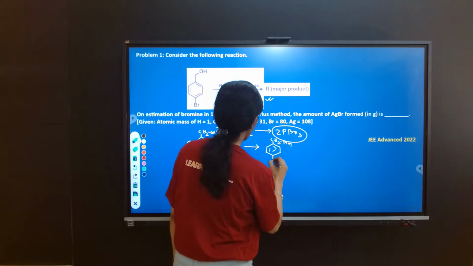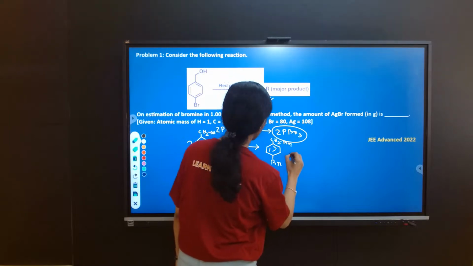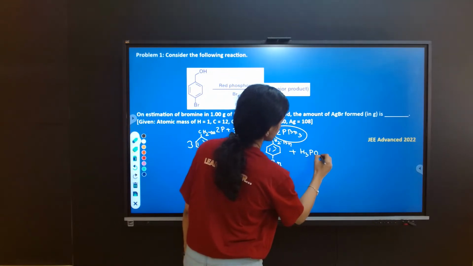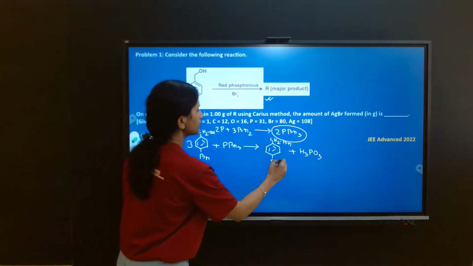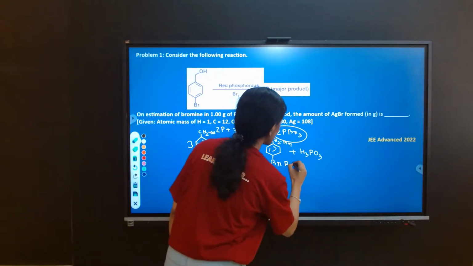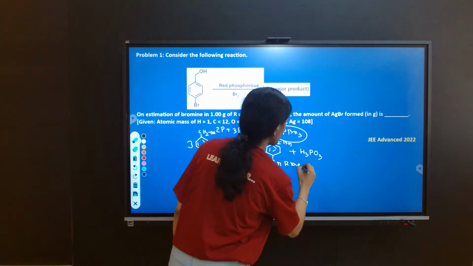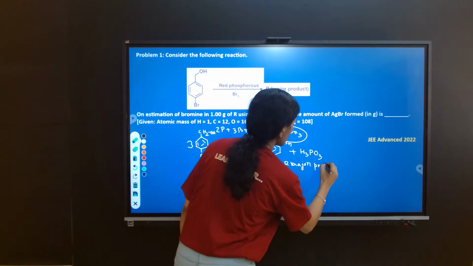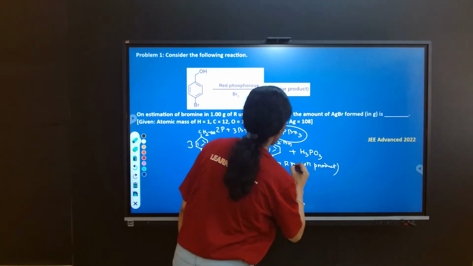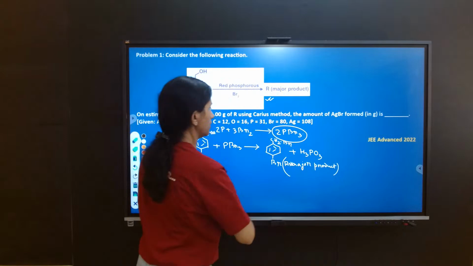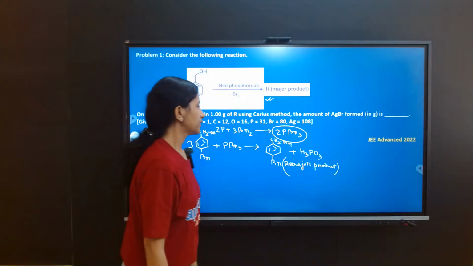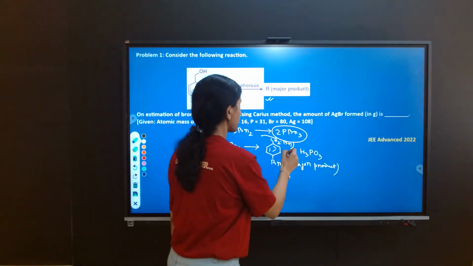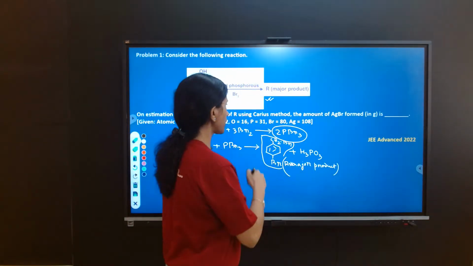I'm just writing down the structure of R after the reaction. So this is basically the reaction product, that is this one. This is our R, or we can consider it our major product, as has been given. Right? And H3PO3.